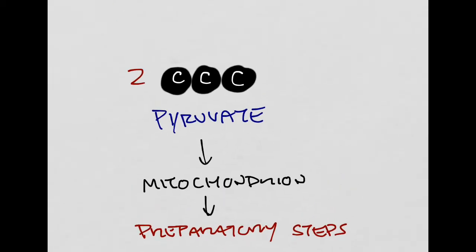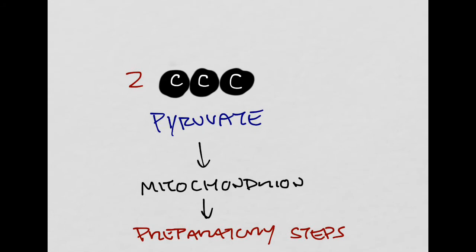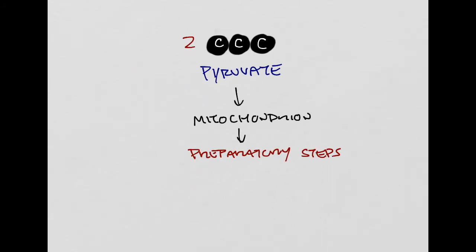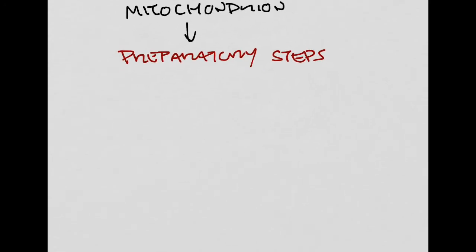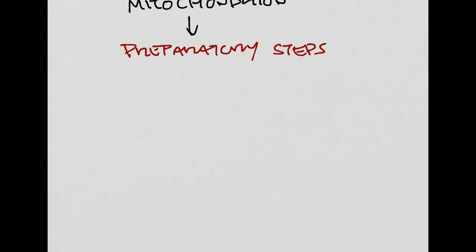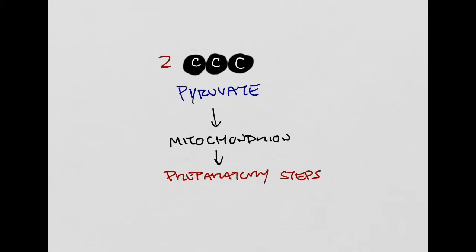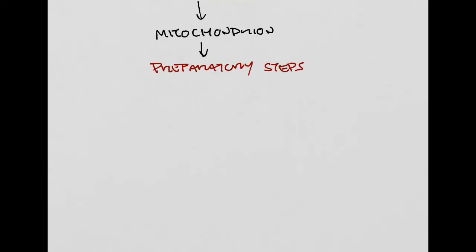The prep steps are something that happen to these 2 pyruvates. I'm going to start putting some details about the reaction that's going on inside of here. We're going to take these 2 pyruvates, copy them up, move down here, and paste them.